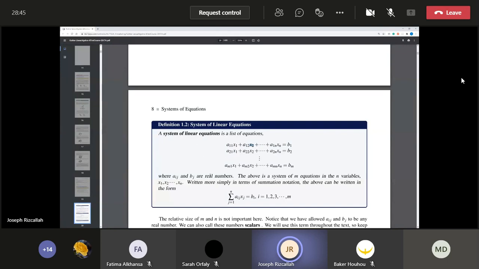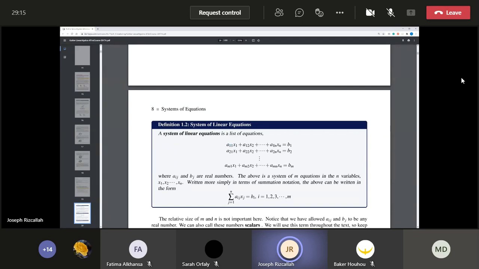Now, these numbers, the coefficients of the unknowns in each equation, are called the coefficients of the equations. The first equation has coefficient a11 for x1. This is the coefficient a11, the coefficient of x1. a12 is the coefficient of x2, and a1n is the coefficient of xn.